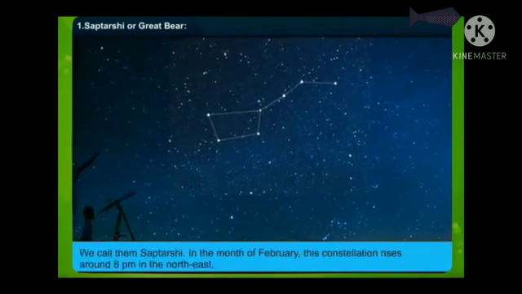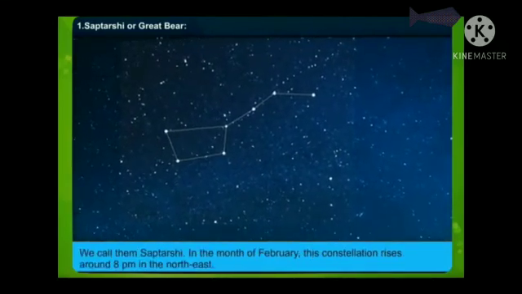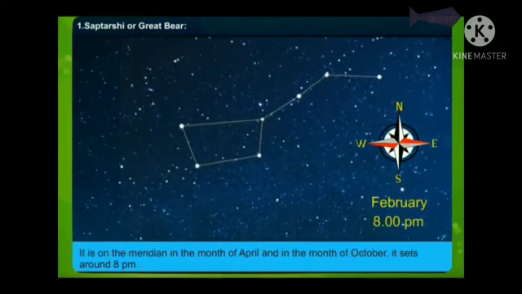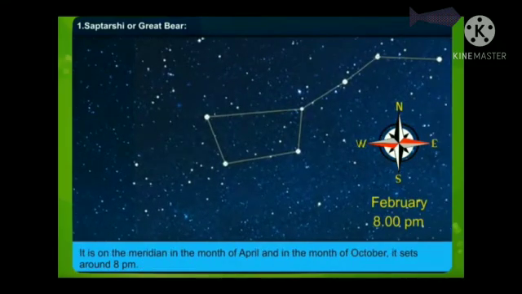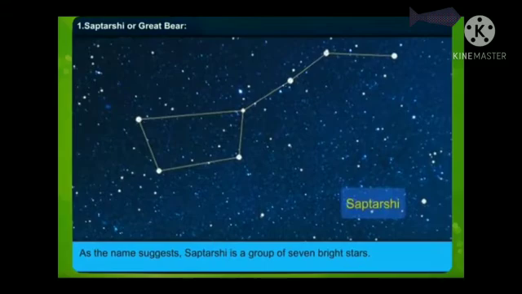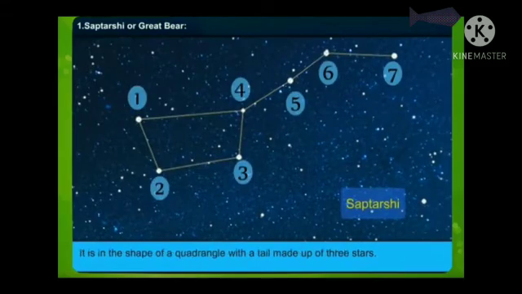During summer nights, one can see many stars. We call them Saptarshi. In the month of February, this constellation rises around 8 p.m. in the northeast. It is on the meridian in the month of April, and in the month of October, it sets around 8 p.m. As the name suggests, Saptarshi is a group of 7 bright stars.